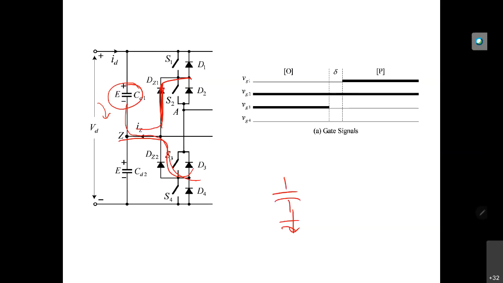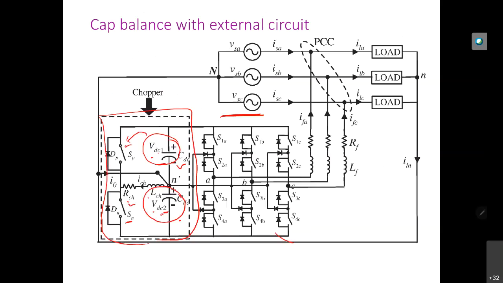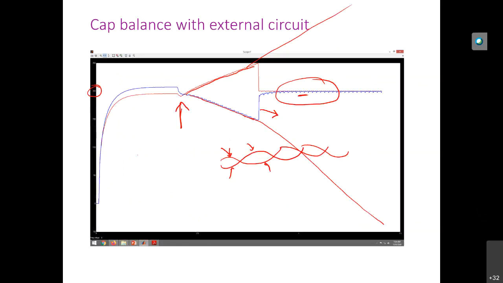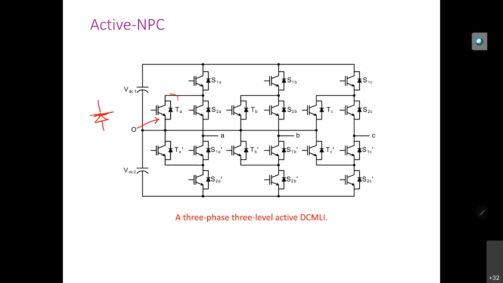To fix that, this diode is now replaced with active switches. So we have two current paths: the current can flow through this switch, or through this diode. Now we have an option so that we can balance these two capacitor voltages.